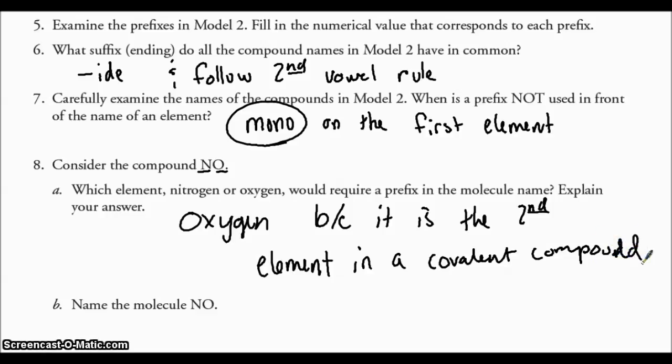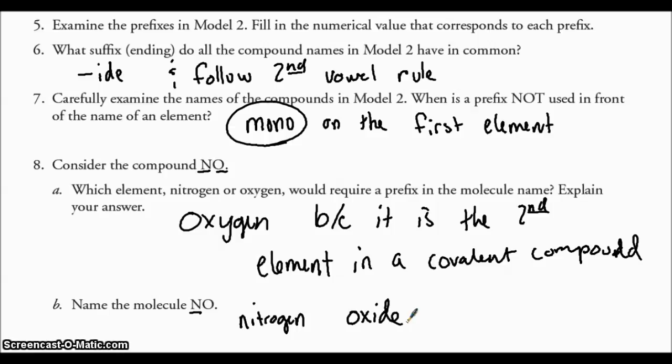And then it says, let's go ahead and name this molecule. Well, N is nitrogen, and there's only one in there. There's no number next to it, so that means 1. And that one doesn't get a prefix because it's the first one and it's 1. And then we have oxygen, which since it's the second one will be oxide.